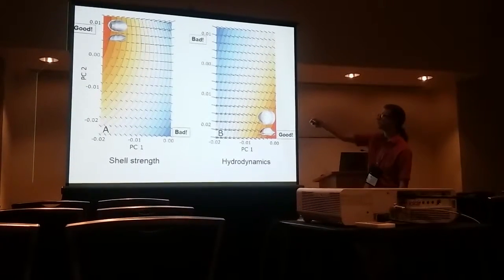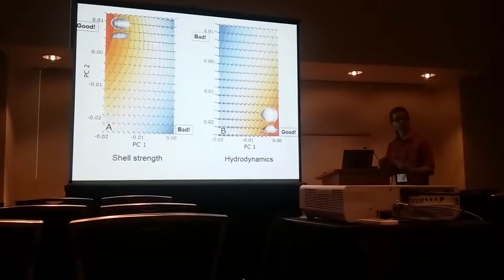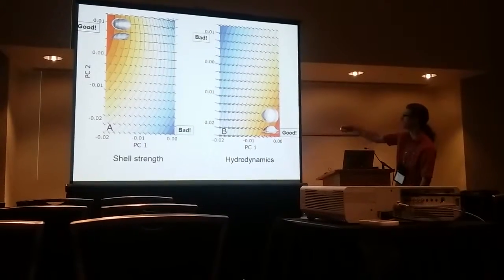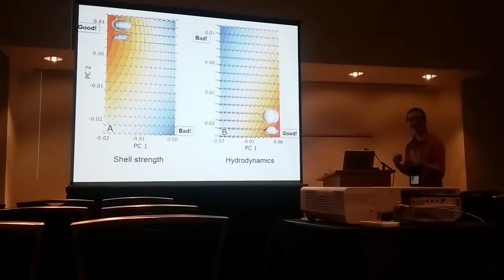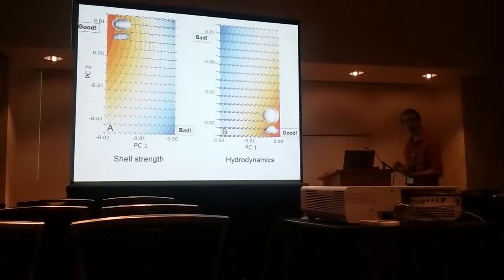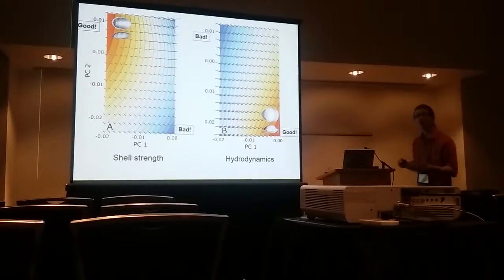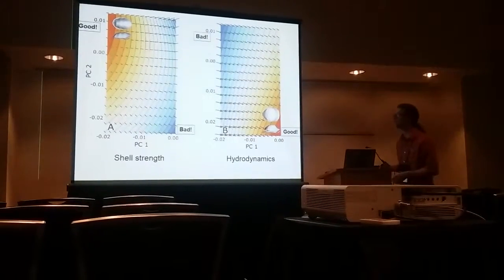So here's shell strength, good shapes up here, bad shapes down here. And for hydrodynamics, good shapes down here, bad shapes up here. And you can add these surfaces together, weighting one of them relative to the other by different amounts, to predict where the optimum shape or shapes would be in this space.